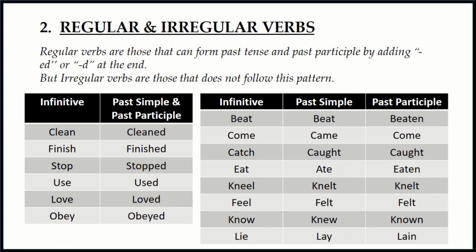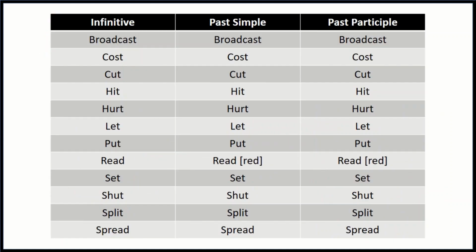Another big list of irregular verbs is about to be shared. This one. All of them are the same in spelling. The word is exactly the same. Broadcast, broadcast, broadcast, cost, cost, cost, cut, cut, cut, hit, hit, hit, etc. But there is one small difference, that is in the word read.